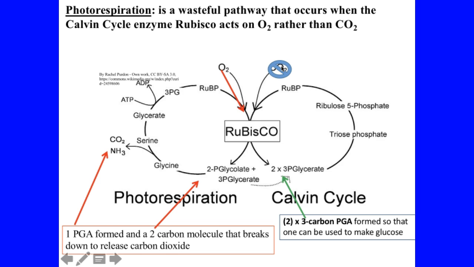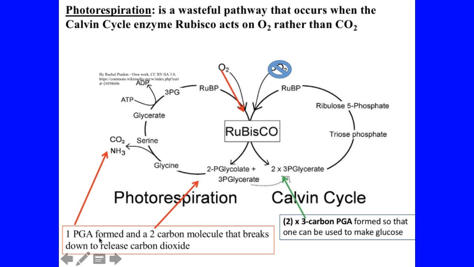We don't want the plant to use up the oxygen it's creating, because that would be very wasteful. Not only that, we won't get the oxygen that the plants release as a waste product, which is what we use to respire ourselves. And it is very energy consuming as far as the amount of energy that is broken down going through this photorespiration cycle over here.